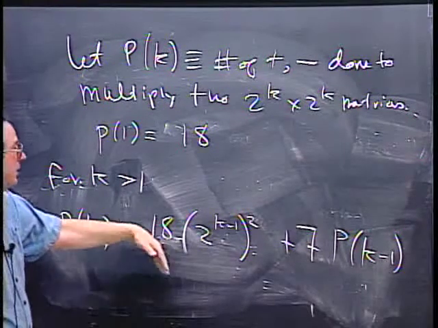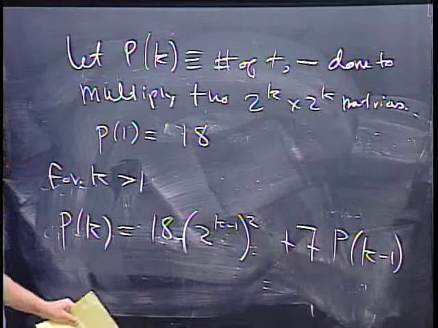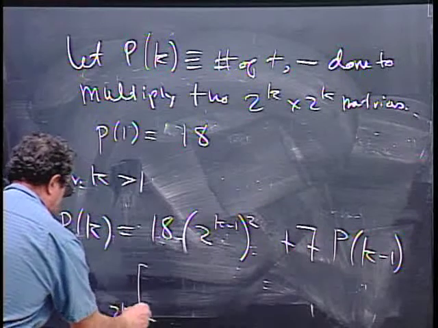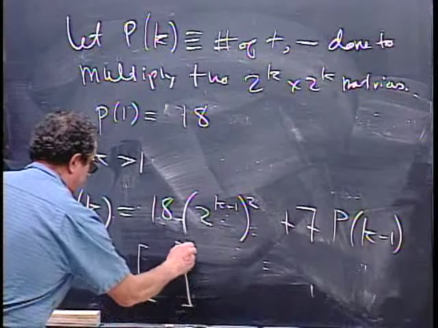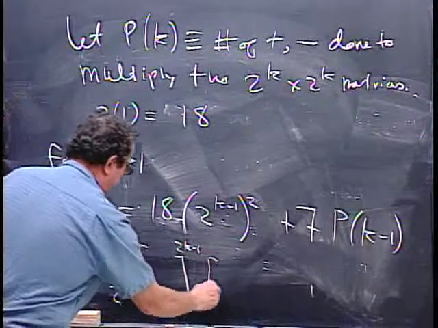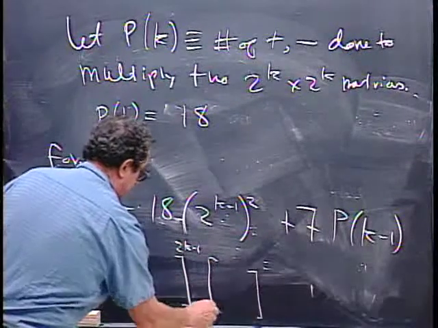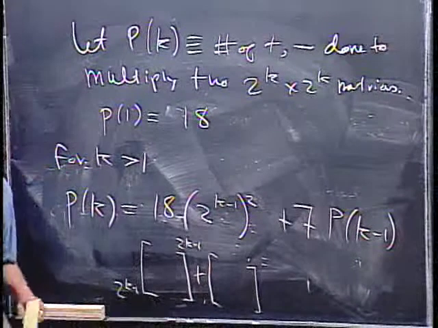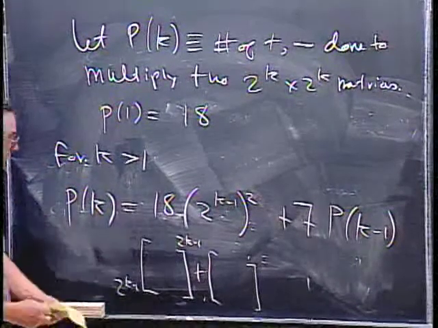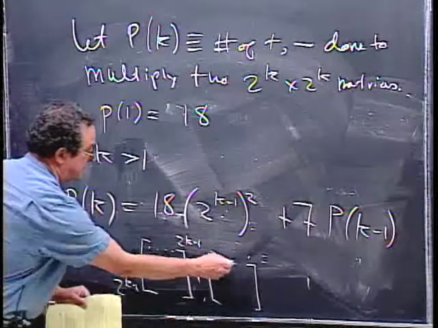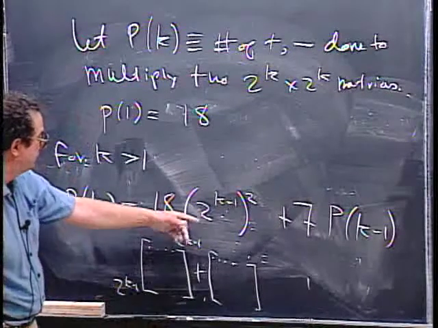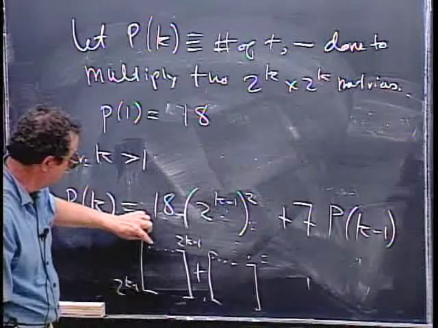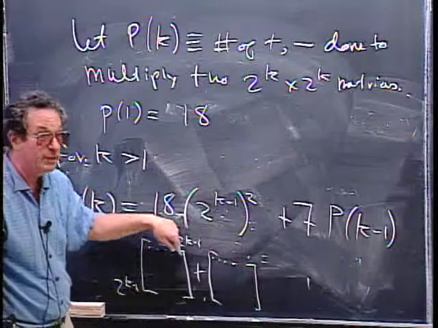But now when we're talking about two matrices of dimension 2 to the k minus 1 times 2 to the k minus 1, when we're adding two matrices of those dimensions, how many individual scalar additions are actually happening there? It's 2 to the k minus 1 squared individual additions that are happening there.